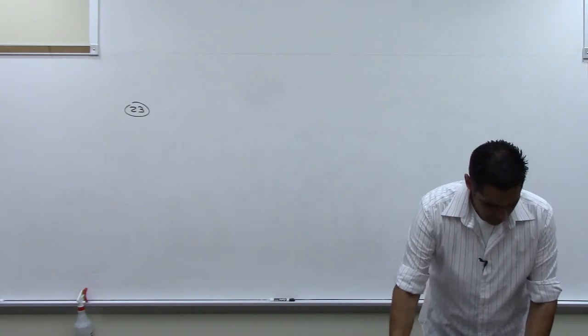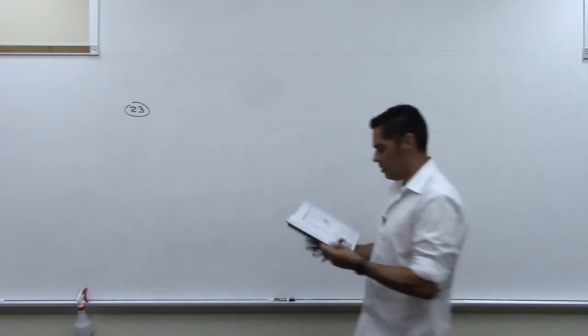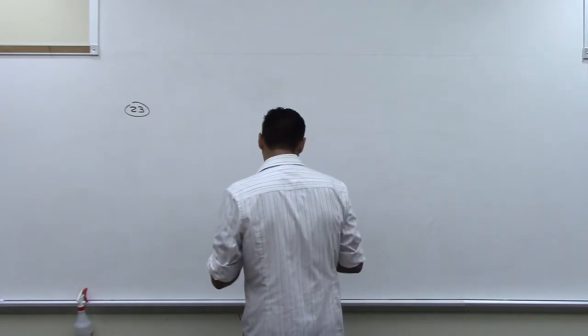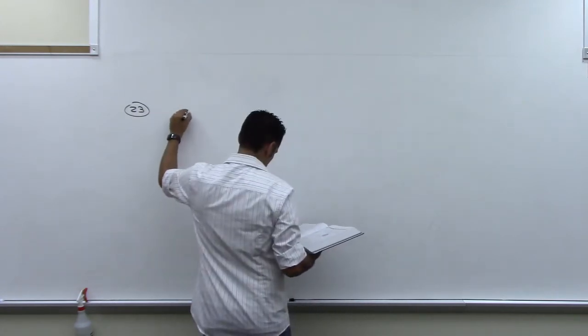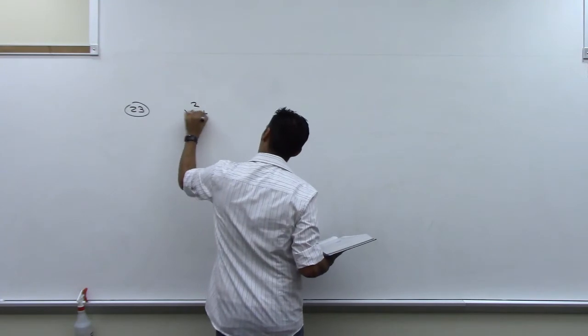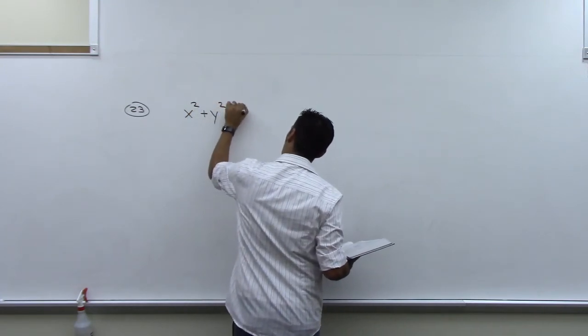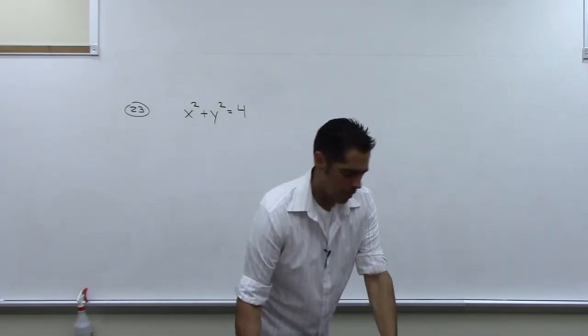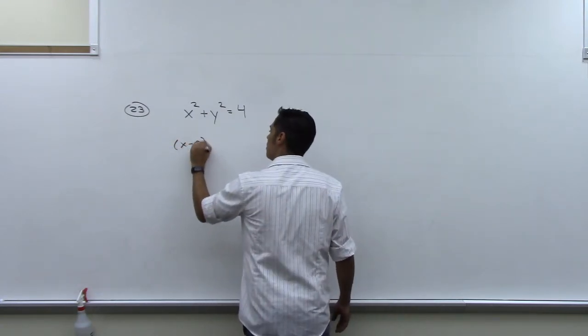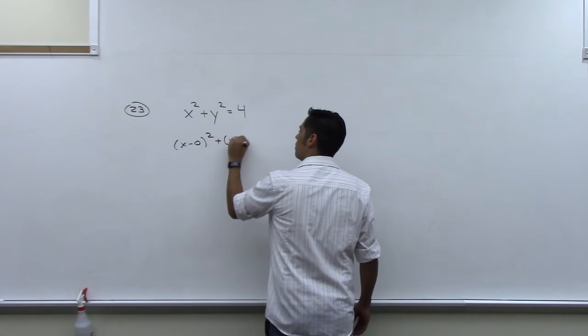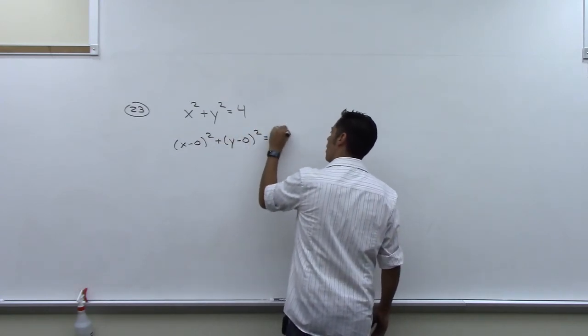All right, here they give us an equation. We want to find the center and the radius and then graph it and find the intercepts, if there are any. So x squared plus y squared equals 4. What we need to see here is that this really looks like x minus 0 squared plus y minus 0 squared equals 2 squared.